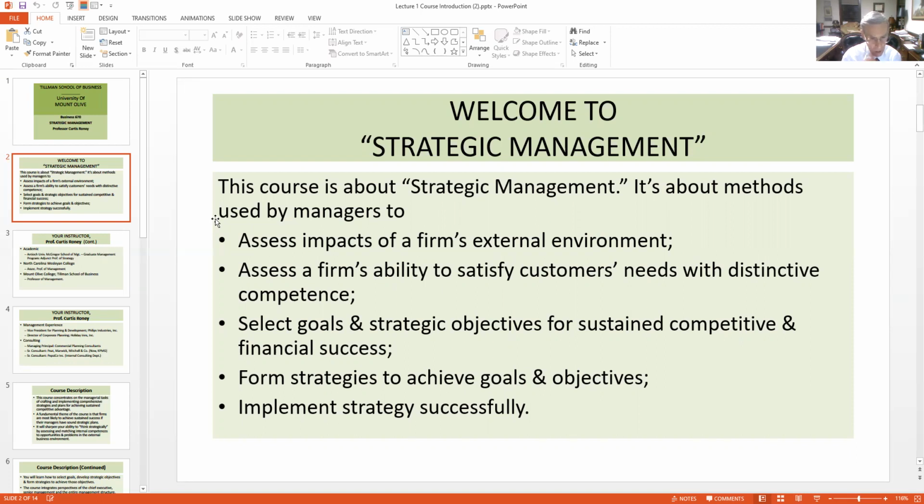And then in Business 671, teams of students will actually form something like a strategic plan or a strategic assessment for a publicly traded company, a large company that they will choose at the very outset of the course.